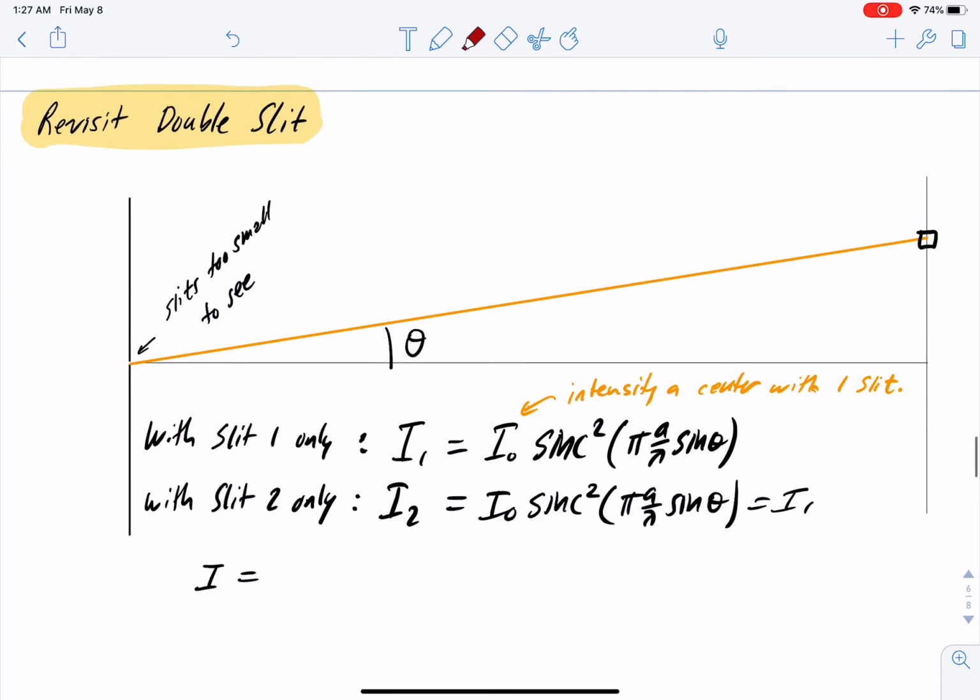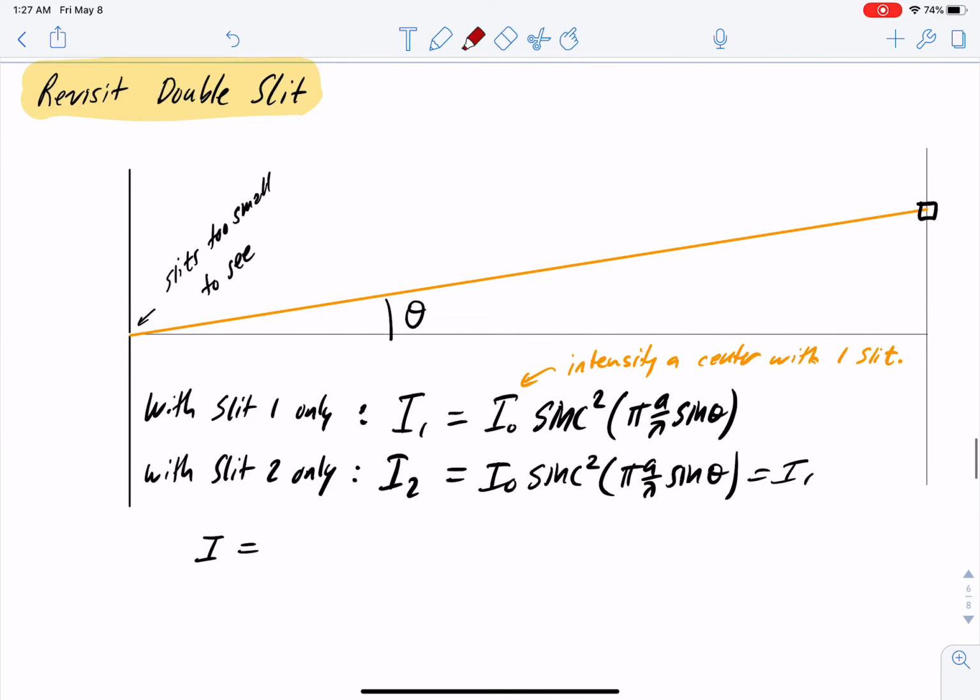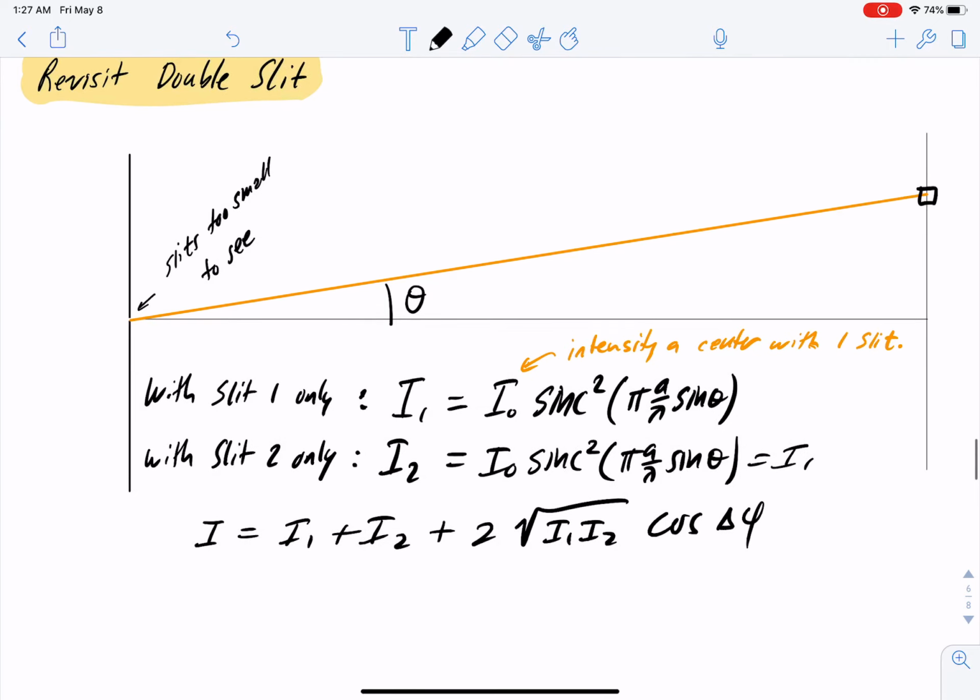All right, so now let's return to the double slit and see what we get when we do that sum. So we just have the sum of the intensities plus twice the square root of I1 I2 times the cosine of the phase difference. Now in this case, both those intensities are the same, so I1 and I2 are the same as I1.